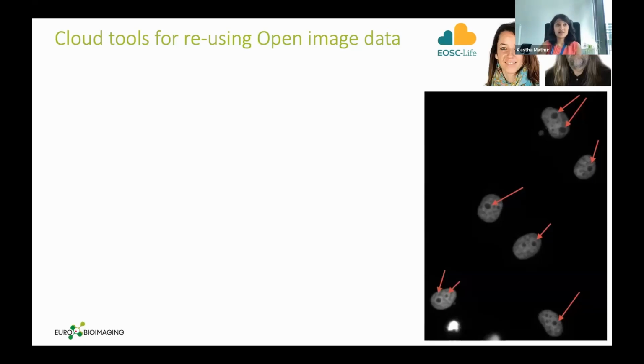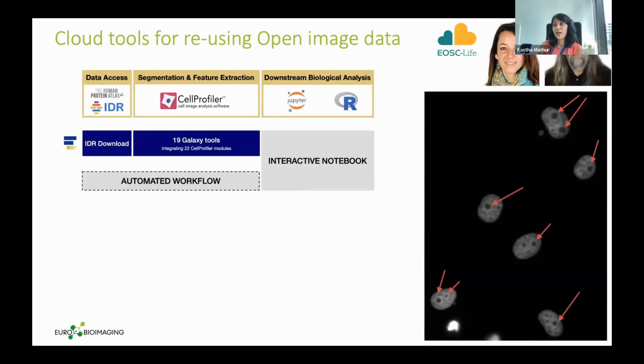So they used data sets that were coming from screening, like large genetic screens, but they used it for something different. They used it for looking at nucleoli and their distribution in the cells and the morphology, etc. What they ended up doing in practice was to make this fantastic pipeline for data analysis, which comprised different modules, where first they had to take care of data access, and this was done through the Human Protein Atlas and the IDR.